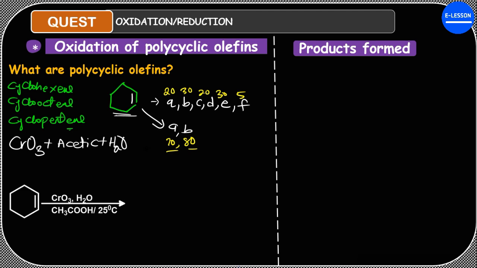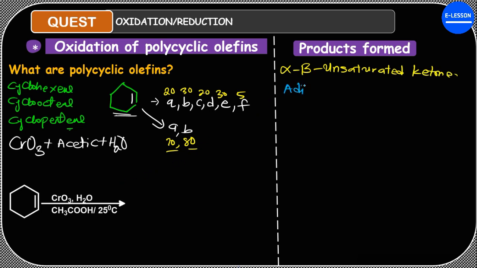The question is, what are some of these products that are formed from the oxidation of polycyclic olefins? Now, the products that are formed are alpha, beta unsaturated carbonyl compounds, let's say unsaturated ketones. The other product that is formed is adipic acid.